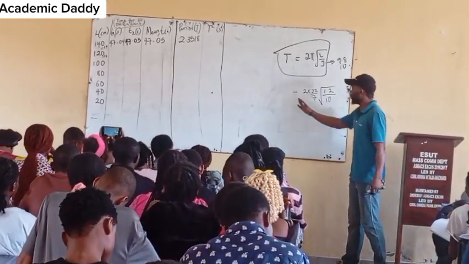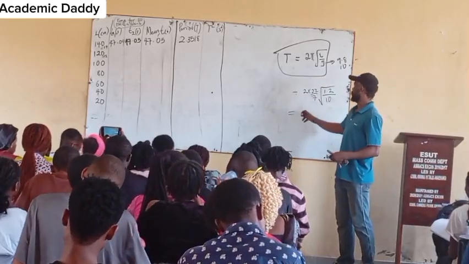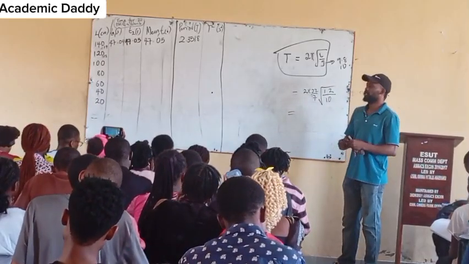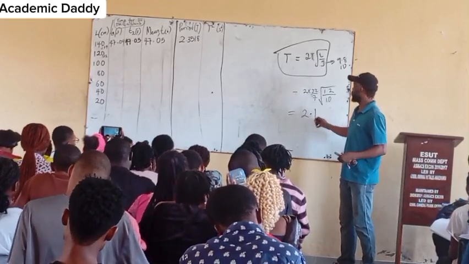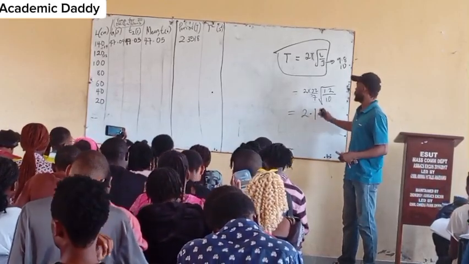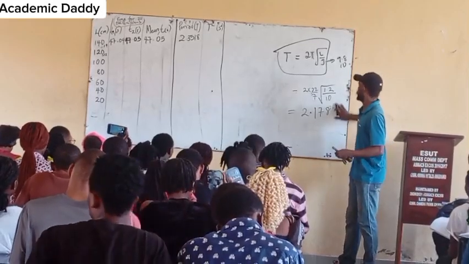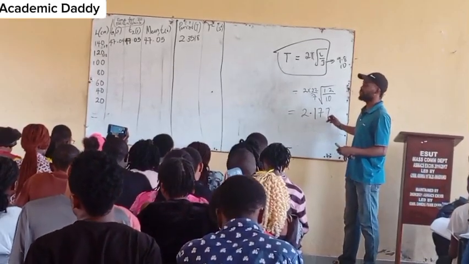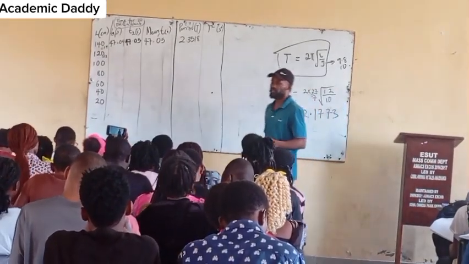So now, what's everything for me? What do you have? 2.177. Okay, 2.177. Please check that it is correct.